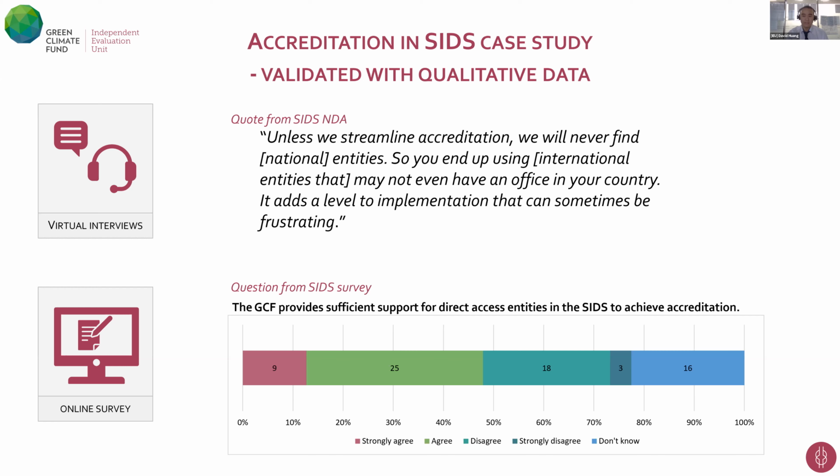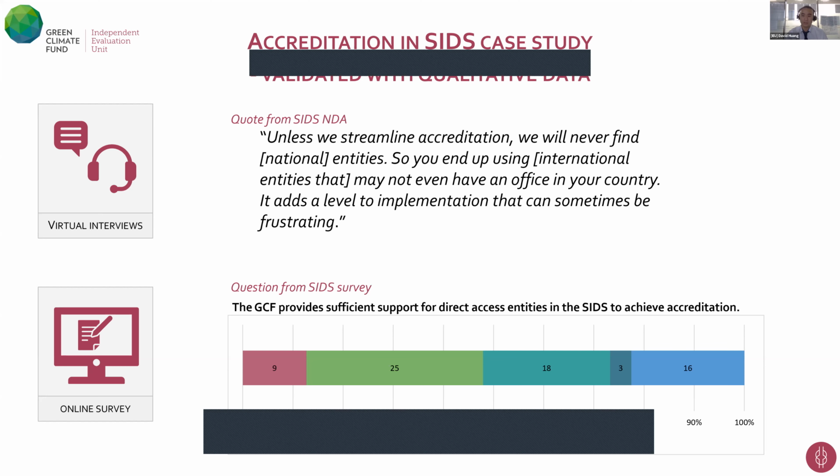So over half of the respondents felt that GCF was not providing sufficient support for direct access entities in FIDS, or they did not know whether GCF was providing sufficient support. So, as you can see, through the use of these 2 qualitative evaluation methods, we were able to validate some of our initial emerging theories from the quantitative analysis.